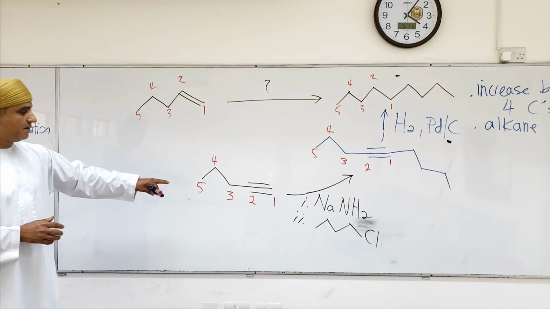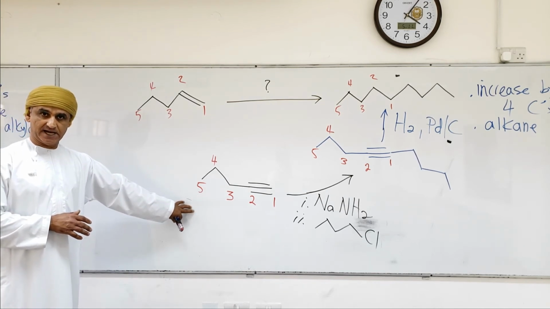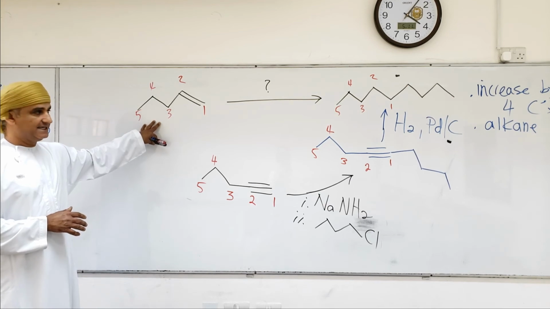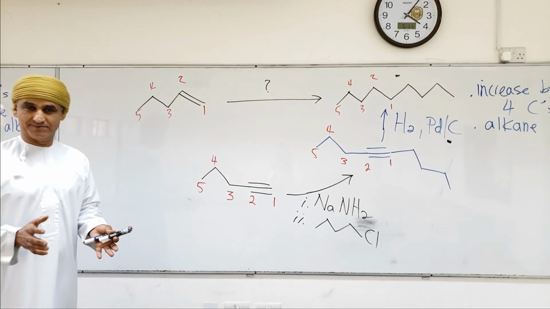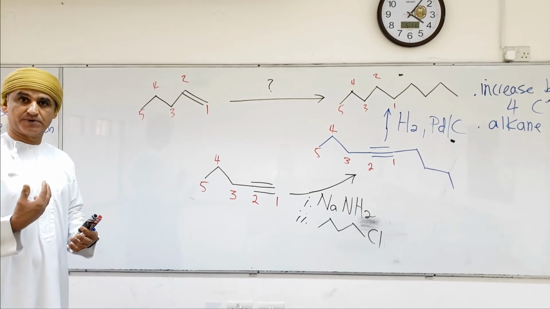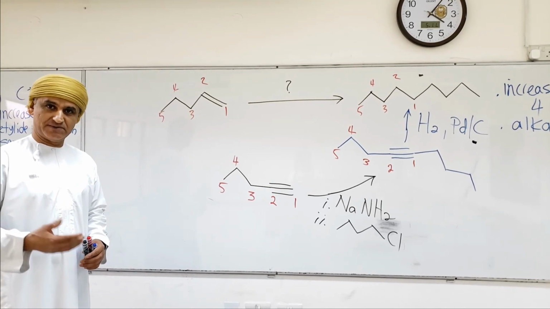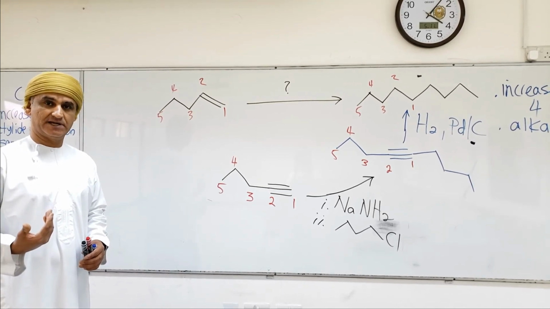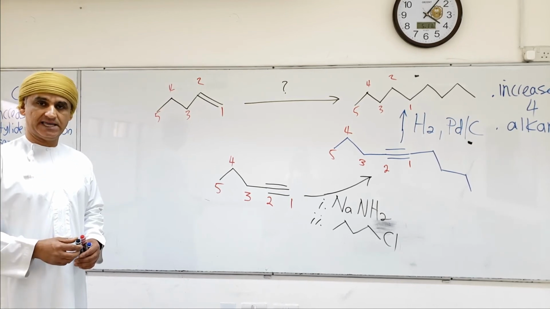So the question now, how can we make this terminal alkyne from this terminal alkene? Can this be done in one step? It cannot be done in one step. So how can we do this? Well, we have to recall the preparation of alkynes. How can alkynes be made? If you remember, when we talked about the preparation of alkynes, they can be made from dihalides.